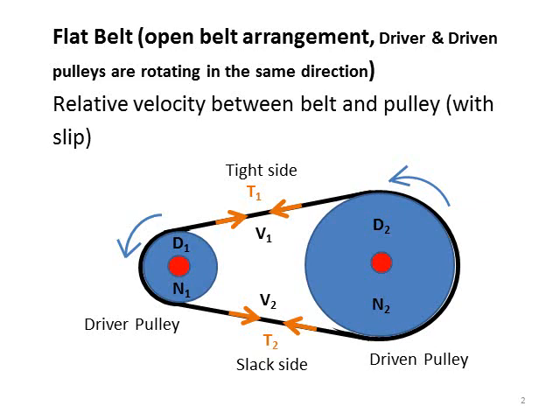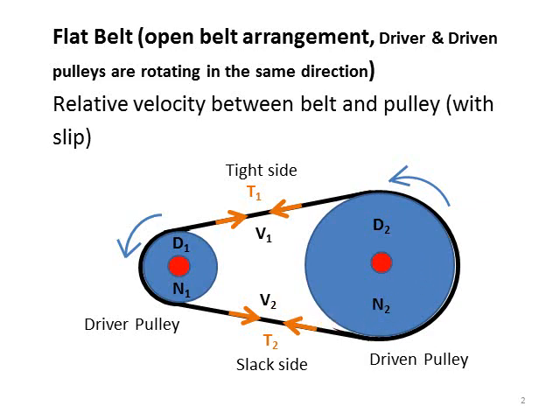Now with slip, V1 will not be equal to V2. V1 represents the linear velocity of the belt at the tight side with respect to the driver pulley, whereas V2 represents the velocity of the belt at the slack side with respect to the driven pulley.